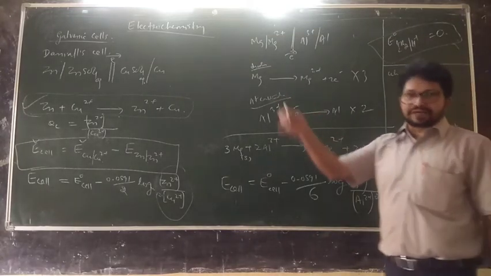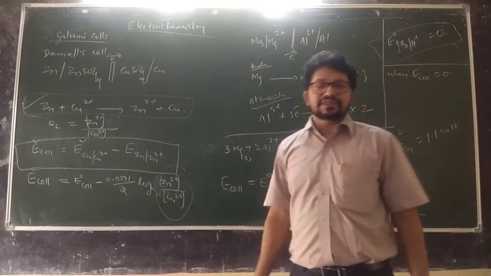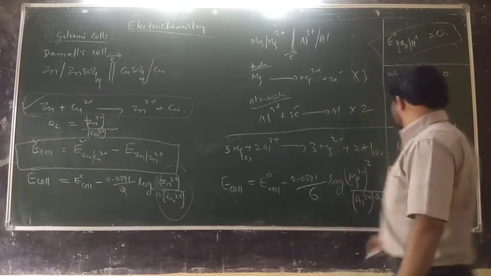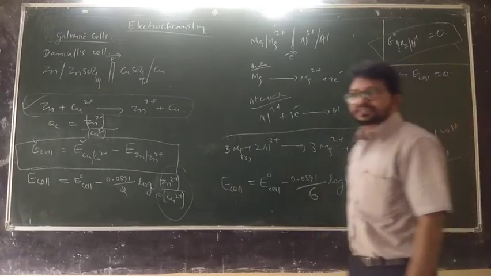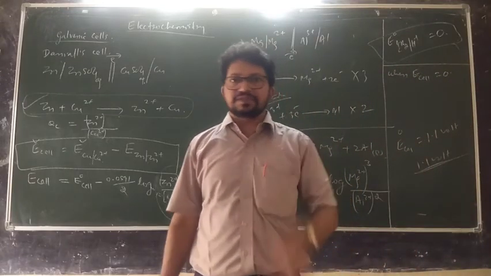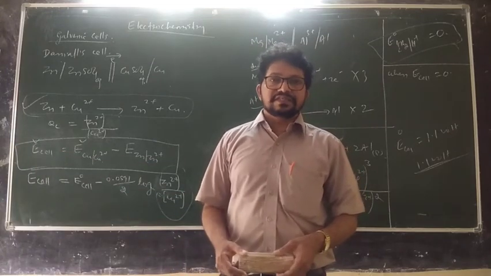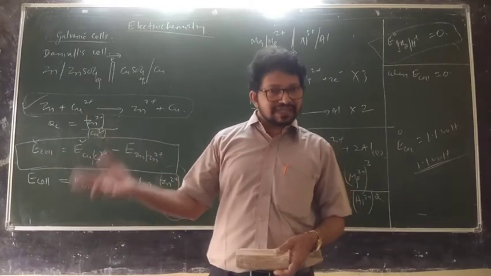Now by using the adapter, start charging the battery such that the adapter through which you are applying a DC voltage is also 1.1 volt. Understand? You are charging a Daniell cell whose potential is 1.1 volt by using a charger DC voltage of 1.1 volt. So during charging, what should happen?